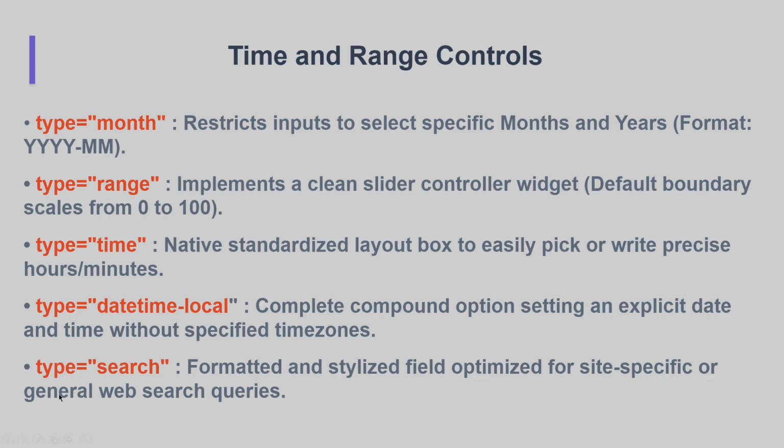Finally, the search input, type equal to search, creates a search box specially designed for search operations. Some browsers also provide additional search-related features such as a clear button. These controls improve usability and provide a more interactive experience.